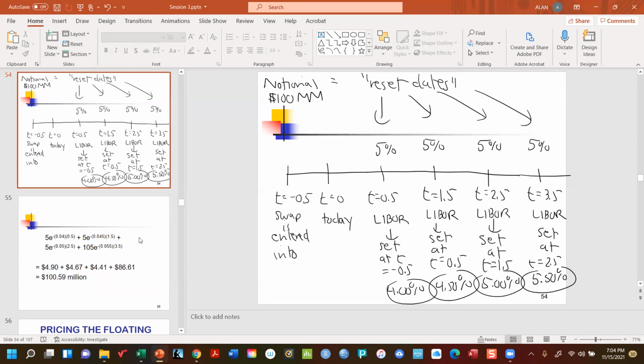So what we're going to do, as of today, with the current term structure of LIBOR rates, we're going to price the bond by comparing the 5%. And of course, 5% of 100 million is $5 million. We need to know these floating rates.